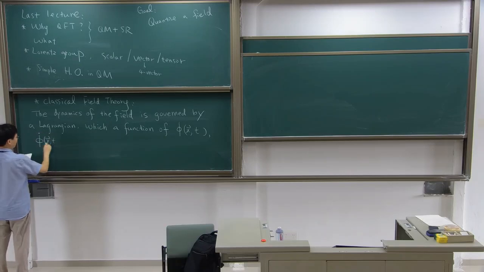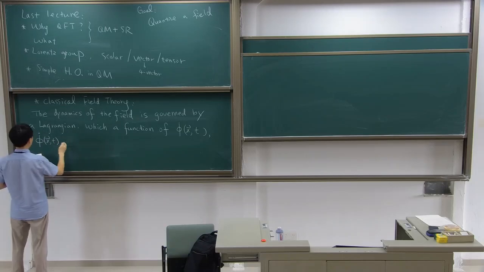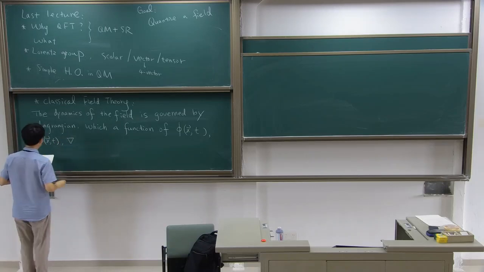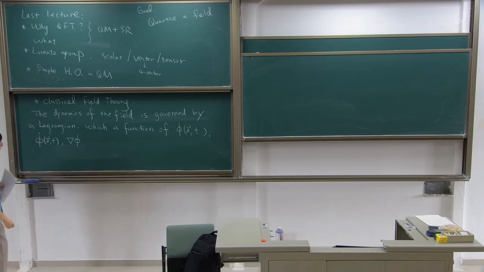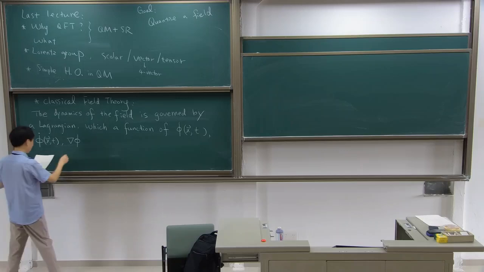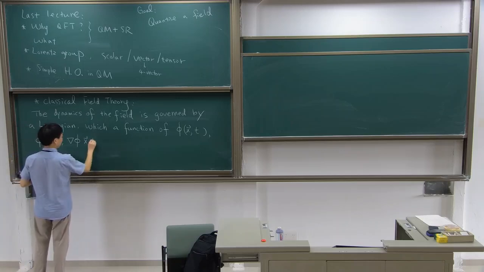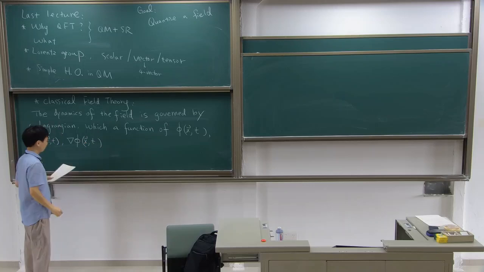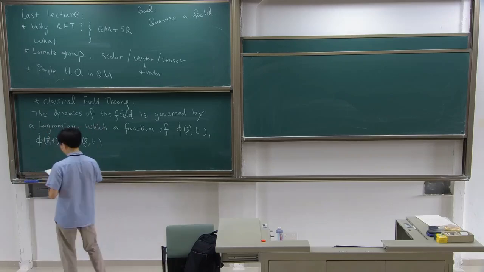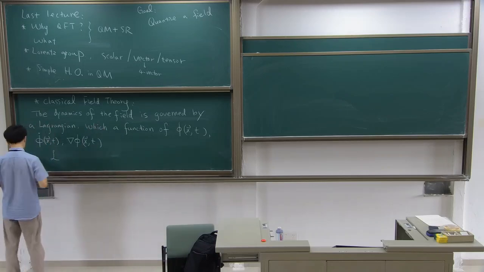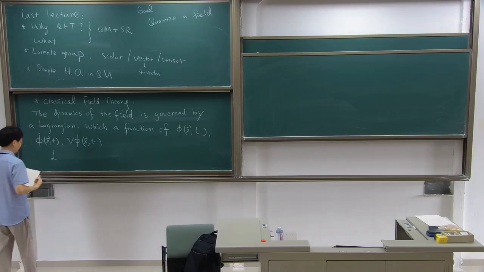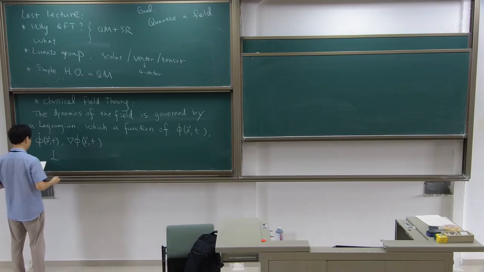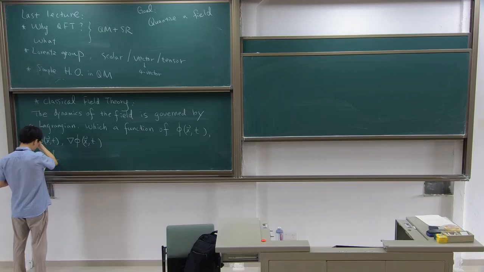I mean the time derivative. It will also involve the spatial derivatives, using gradient operators. Right? You may already know. So this is the analogy of classical mechanics. The Lagrangian in classical mechanics is similar.